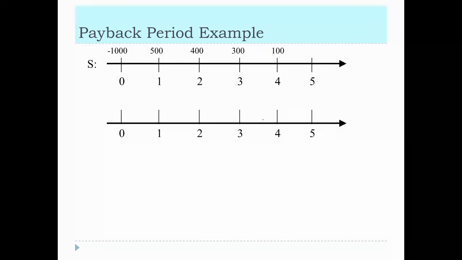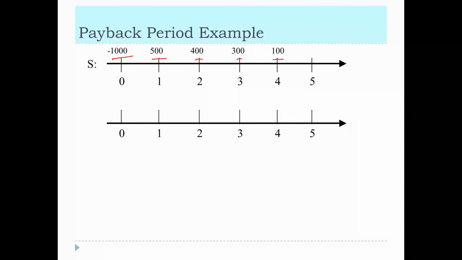I'll just focus on Project S for the moment and do the calculations there. Here's the initial cost. $1,000 was paid for the investment, and then positive cash flows come back over the next 4 years. How long does it take to get our money back? We'd usually want to express that in terms of years, and probably at least to one decimal place, fractions of a year.